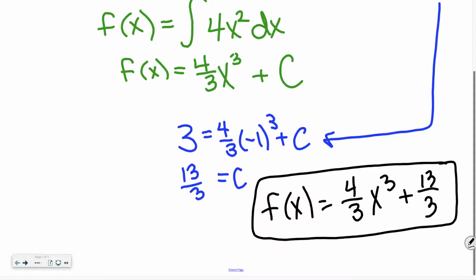So we're really talking about one extra step once we get to your antiderivative: plug in the x and y to figure out the c. Okay? What do you think? Not too bad. Doesn't feel really all that crazy, does it? Okay. So let's try this.